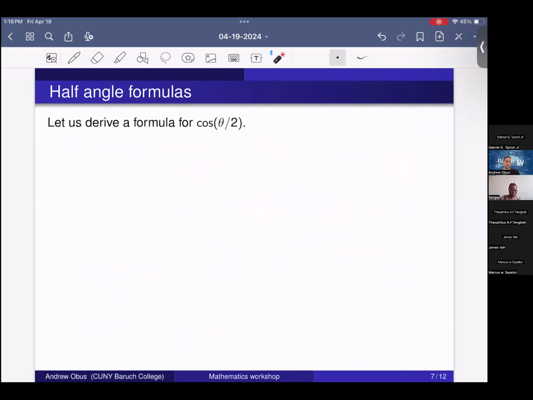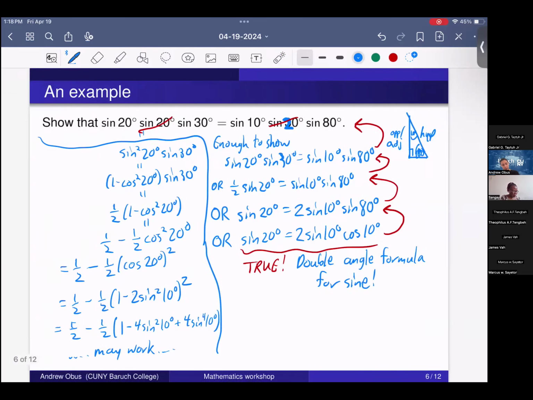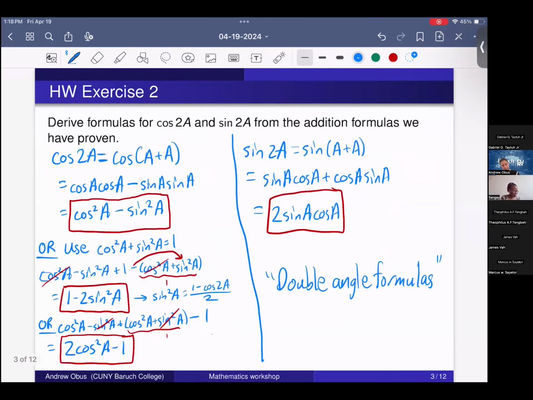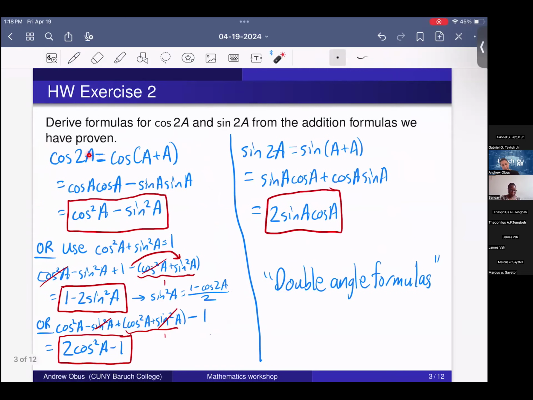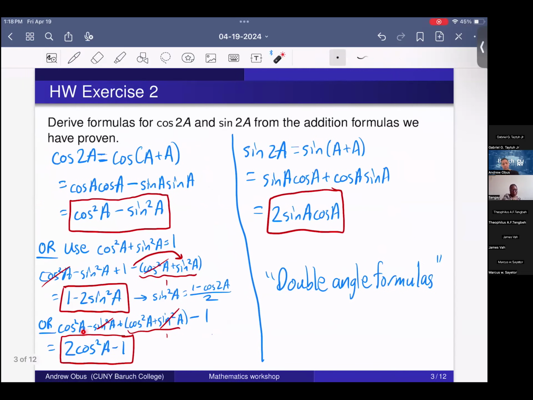Let's do the half angle formulas. So how are we going to get a formula for cosine of theta over 2? Well, in this case, let me just recall that we have these double angle formulas, right? So these double angle formulas say that cosine of 2a is given, and these two formulas down here are going to be the more useful ones.